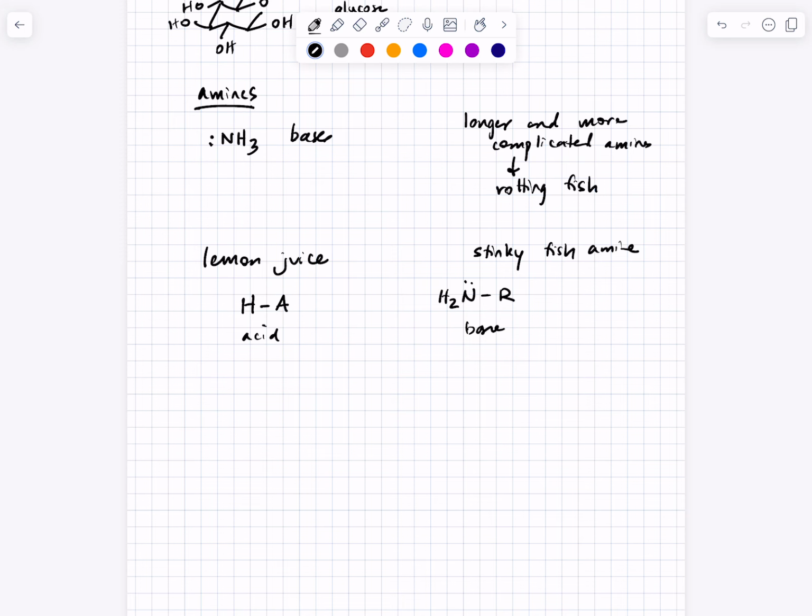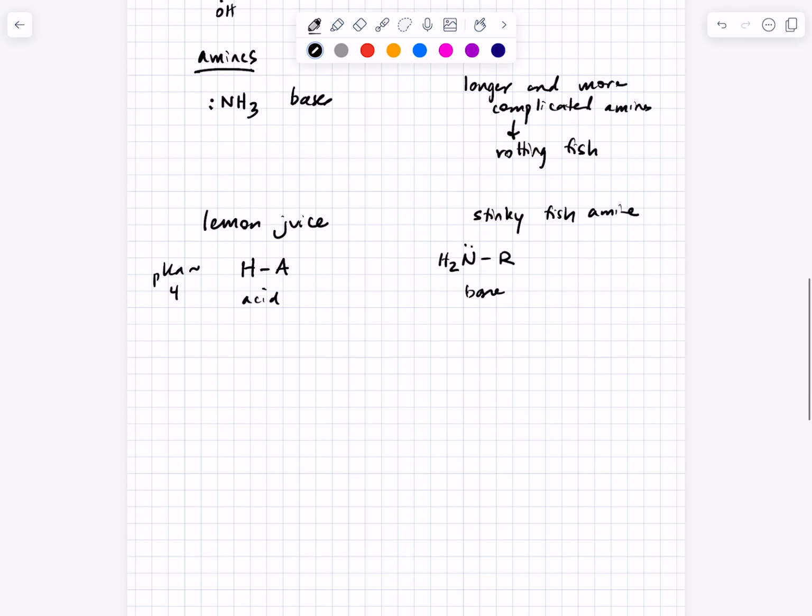The pKa of a carboxylic acid is generally around 4. Draw the conjugate acid and the base. So here is citrate. And here is the conjugate acid of your stinky fish amine, only now it's the ammonium. Okay.